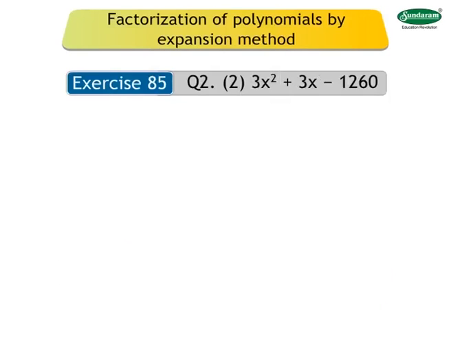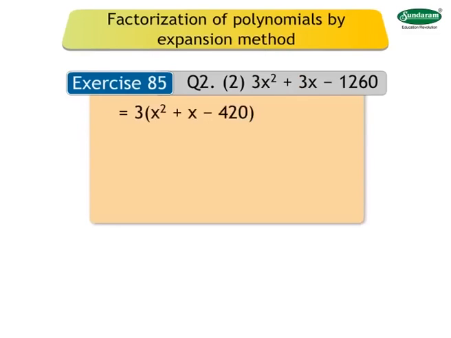3x square plus 3x minus 1260. In this sum, we shall take 3 common, as 3 is a common factor in all the 3 terms of the polynomial, simply for the reason that finding our factor becomes easy. Therefore, we get 3 into x square plus x minus 420.